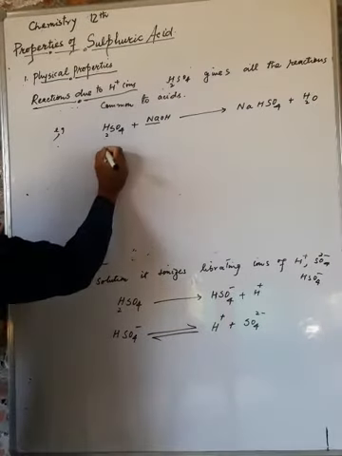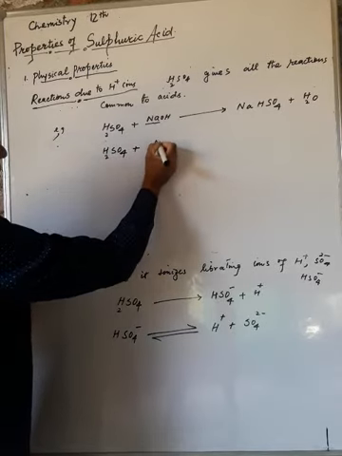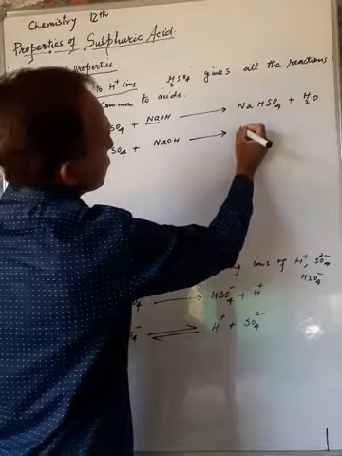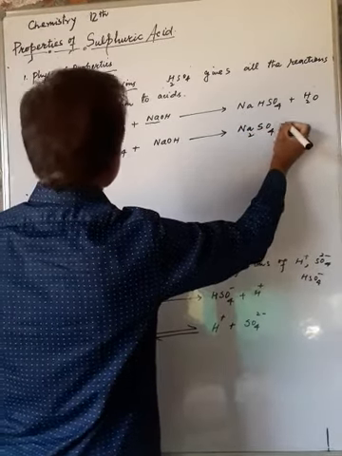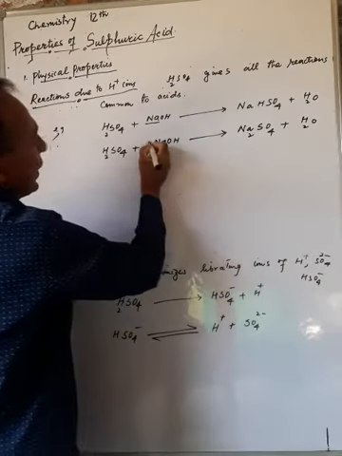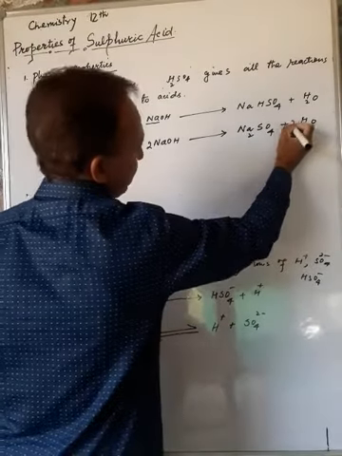Or when this sulfuric acid is treated with excess of sodium hydroxide, it forms sodium sulfate, Na2SO4, plus H2O: twice NaOH gives Na2SO4 plus twice water.